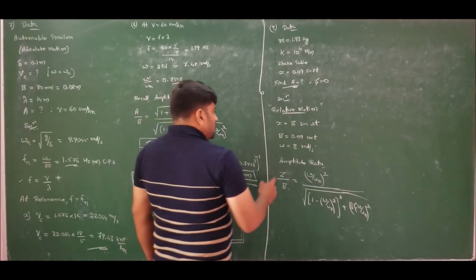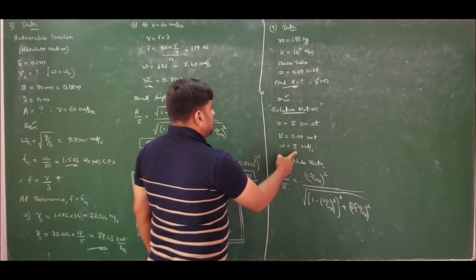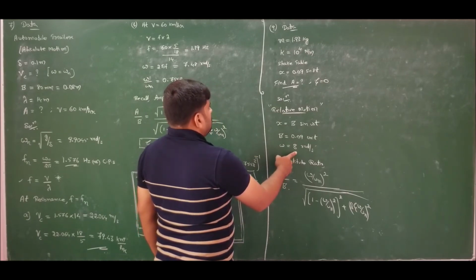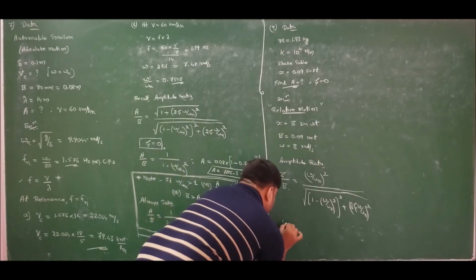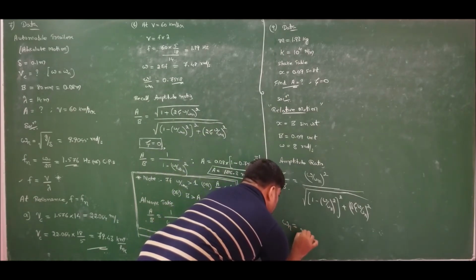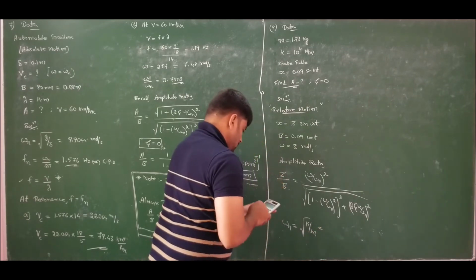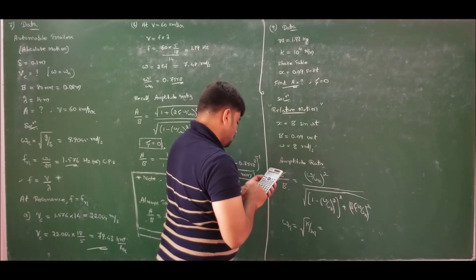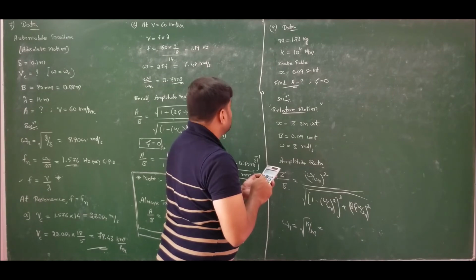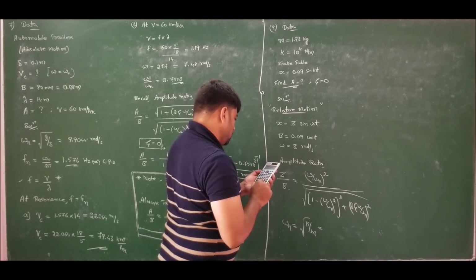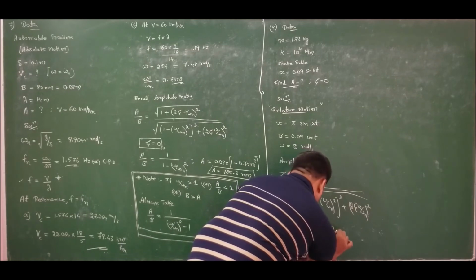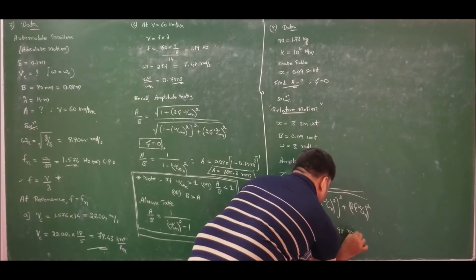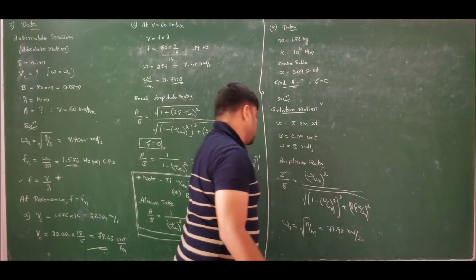Now omega is already known, it is 8 radians per second. And we know mass and k, so the natural frequency can also be determined. Omega n is equal to root of k by m. k is 10 to the power of 4, m is 1.93. Hence the natural frequency is 71.98 radians per second.